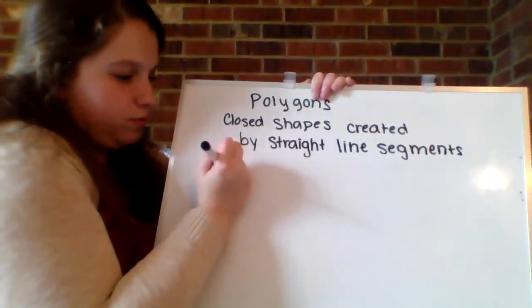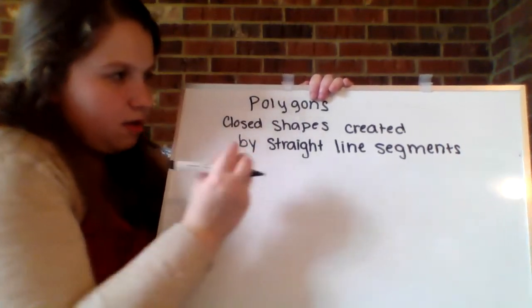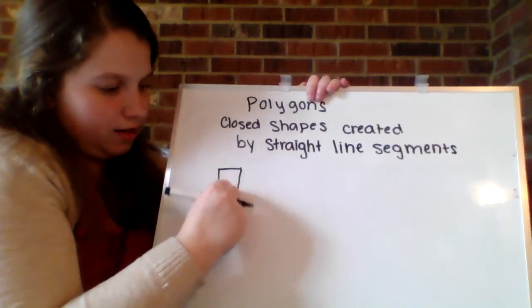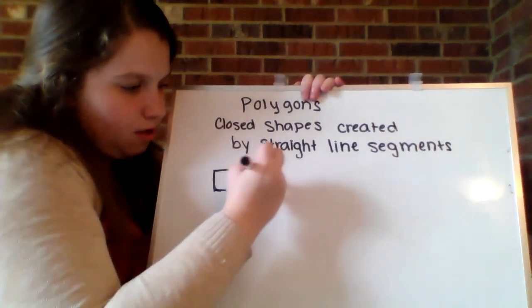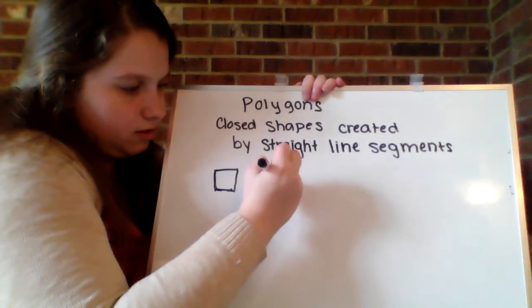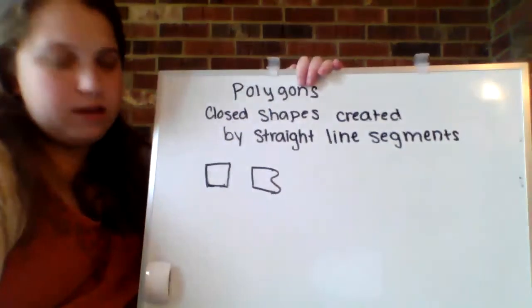So if we say that it's closed, there's no opening, our straight line segments all come together. So even if there's 3 straight line segments and then a wavy line, this is not a polygon.